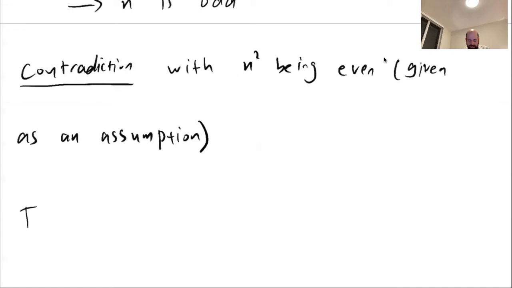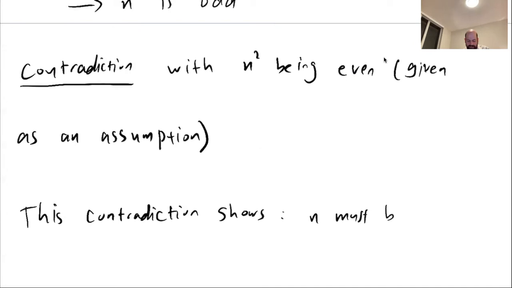So this contradiction shows that n must be even.